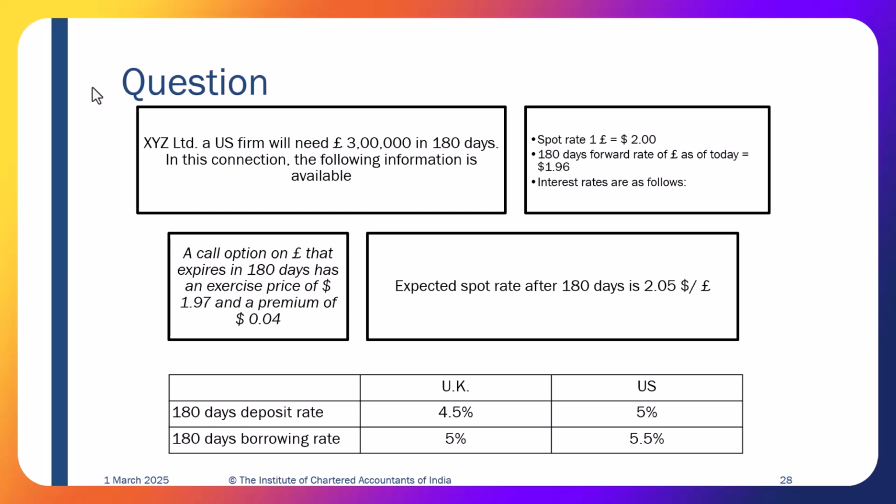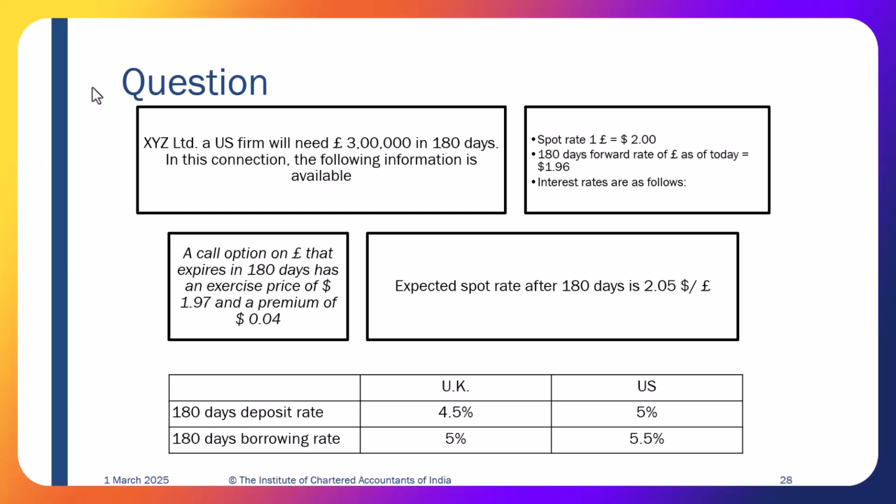Suppose this was the rate on the day. Instead of going to 2.05, the rate actually closed at this. He is not going to exercise his call option. Why should he? He's getting a better deal here. He'll go to the market and buy at 1.80 rather than buying at 2.05. So then he's going to lose that 12,000 premium and pay at 1.80.